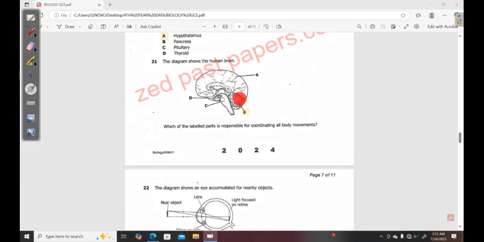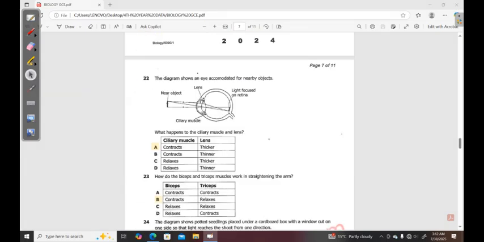You also have your hemispheres at A. So for coordinating the body movements, we use the cerebellum. It's the one that helps us to balance.